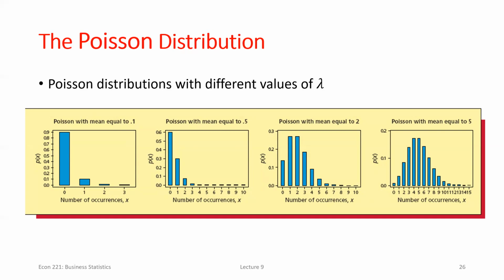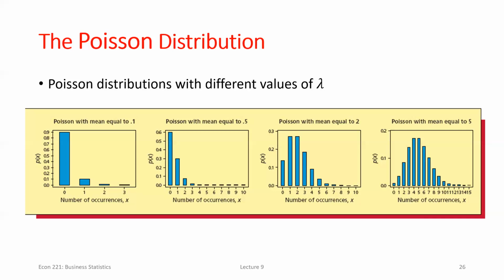The one thing that's interesting about the Poisson is that it's always going to be right skewed, because there's always an infinite right tail. So you can get close to symmetric, but it's technically always going to have a slight right skew.